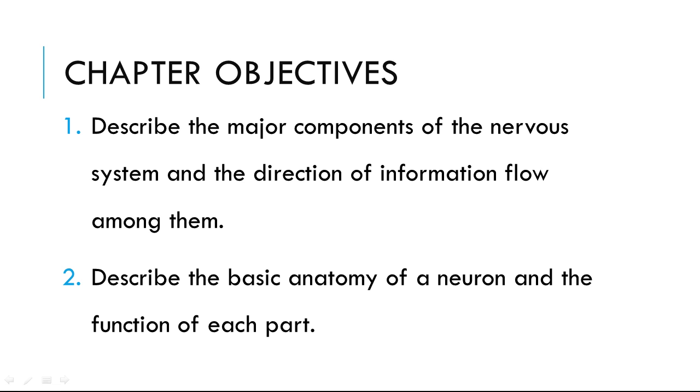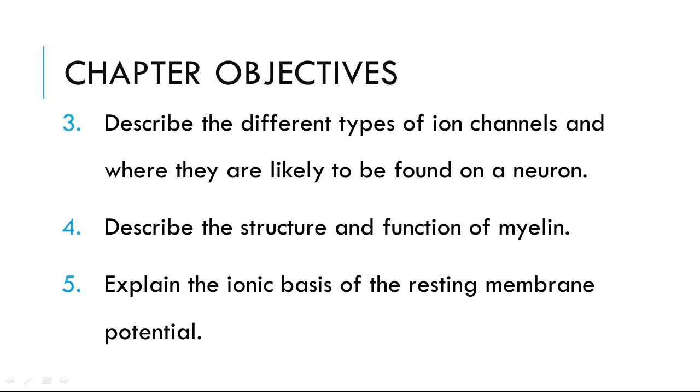We're going to review as well different types of ion channels and where they're likely to be found in a nerve cell, reiterating handout number 4. We're going to reintroduce the structure and function of myelin. We should get to that objective today, and then review the resting membrane potential, how it's established, the role of the pump, and the leaky channels.